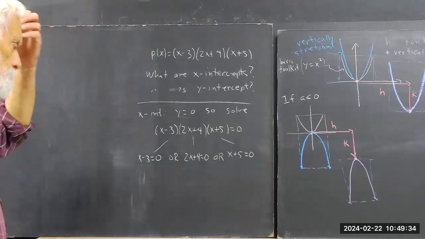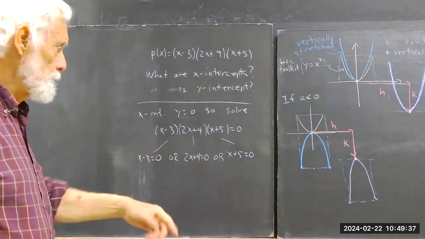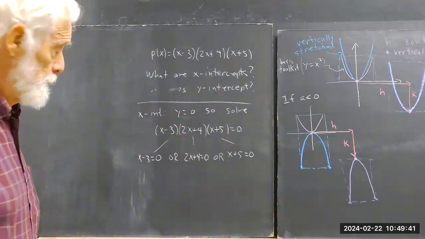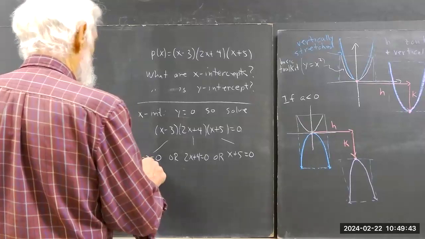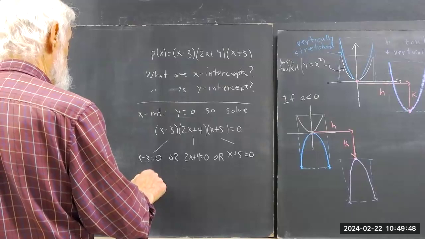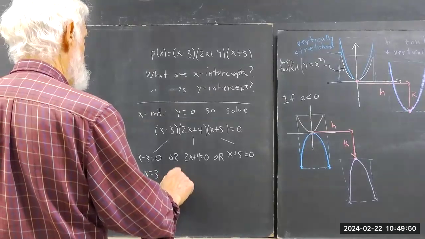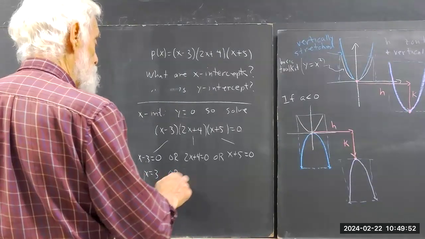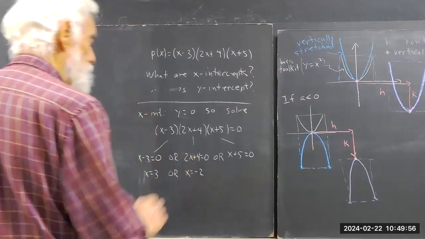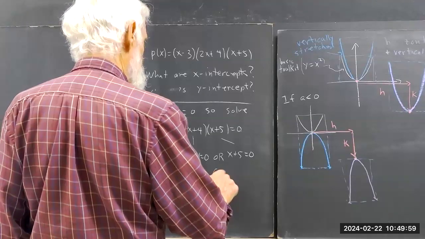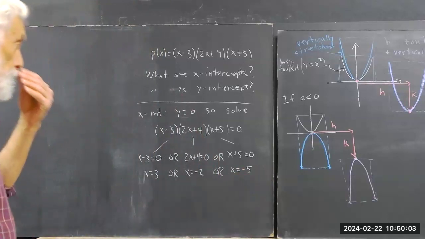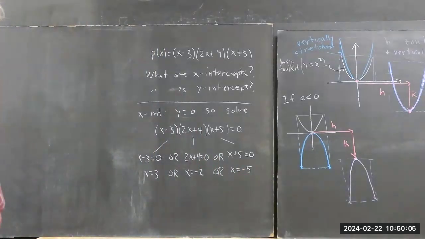Now, when you do this sort of thing, I want you to write it out like I'm writing it out. Put the ors in between here so you think about the logic. Well, then it's easy to find what the zeros are, because x minus 3 equals 0, well, x equals 3. Maybe. If not, well, maybe x equals -2, because that's a solution to this equation. Or x equals -5.